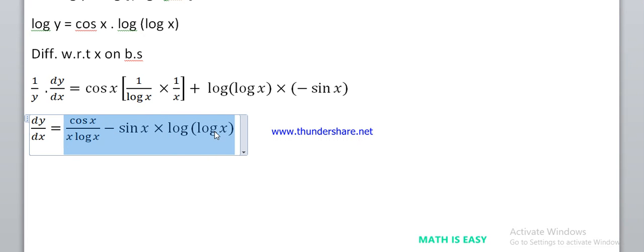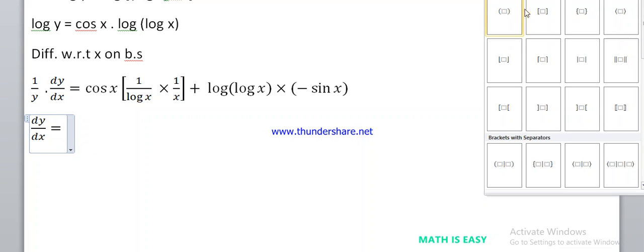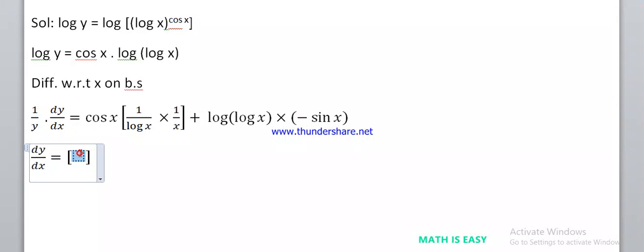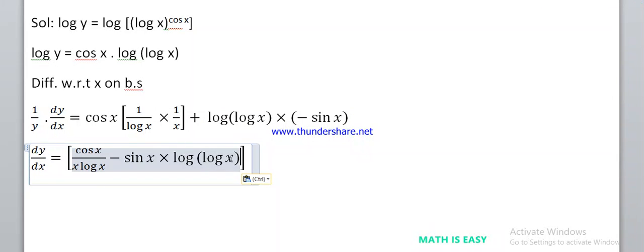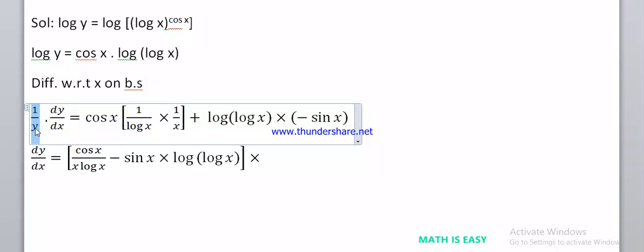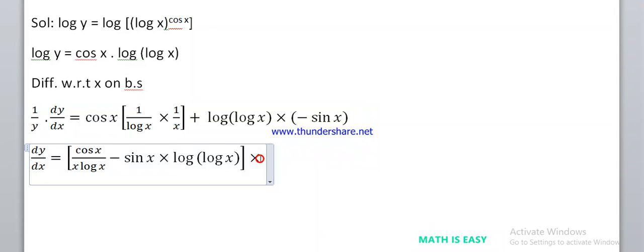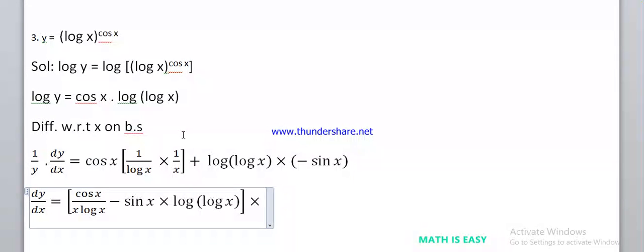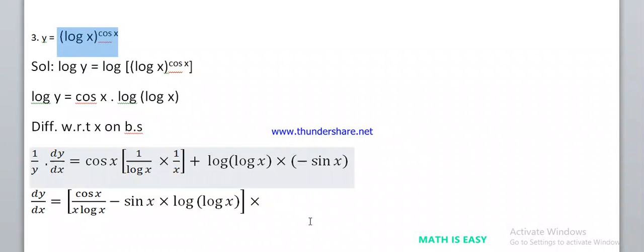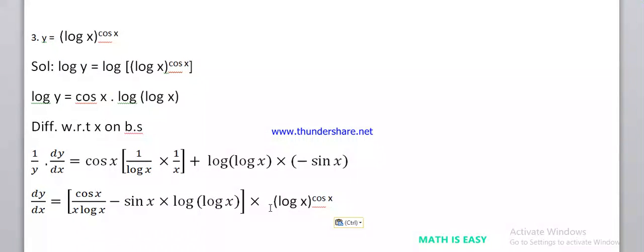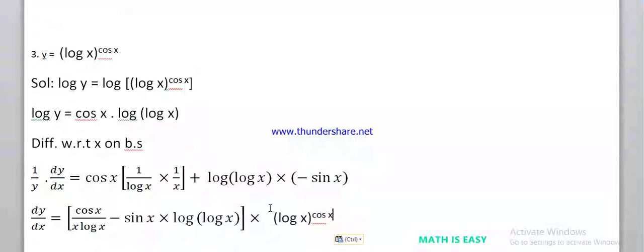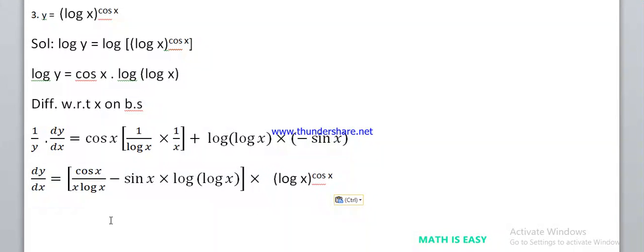So what you can do is, let me insert the bracket here, this entire thing. Now this will be multiplied with y. Okay, because here it is 1 upon y, right? This y will come to the RHS, this will become into y. So into y means what we assumed as y, we assumed this one as y, this will remain. So this is going to be the differentiation of the given question.